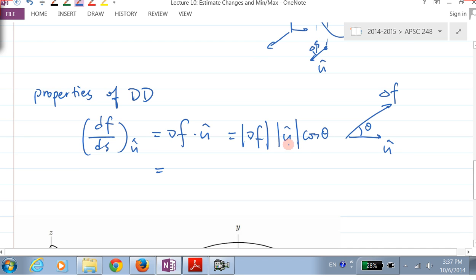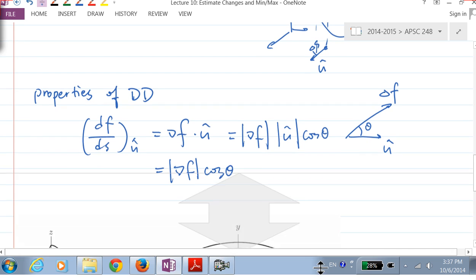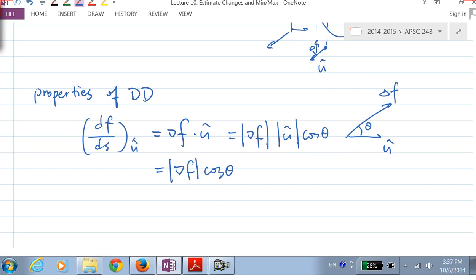Now, because u hat is a unit vector, its absolute value is 1. So that brings us to this simplified formula: del f magnitude times cosine theta, where theta is the angle between the two vectors. So essentially, the directional derivative equals the gradient magnitude times cosine theta.